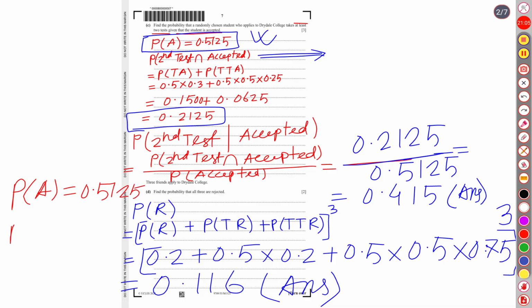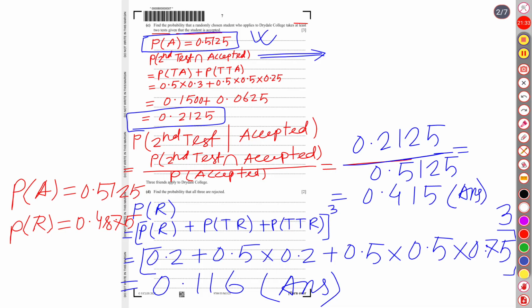Then probability of rejection is going to be, if we subtract from 1, 1 minus 0.5125, that is 0.4875. So this is for probability of rejection.